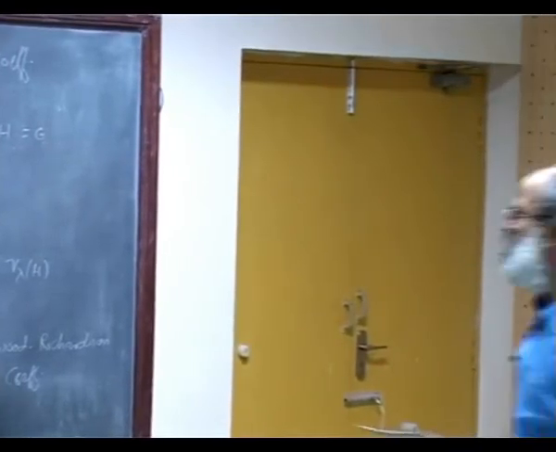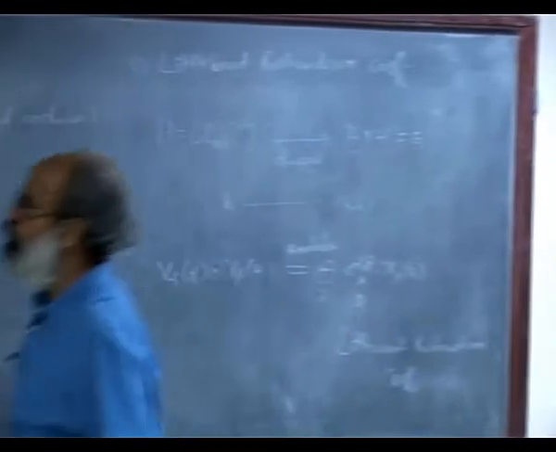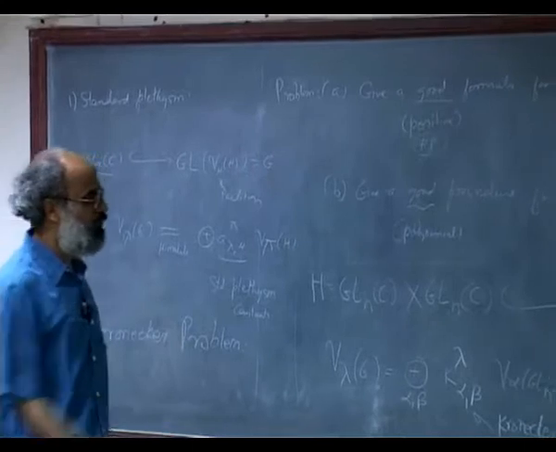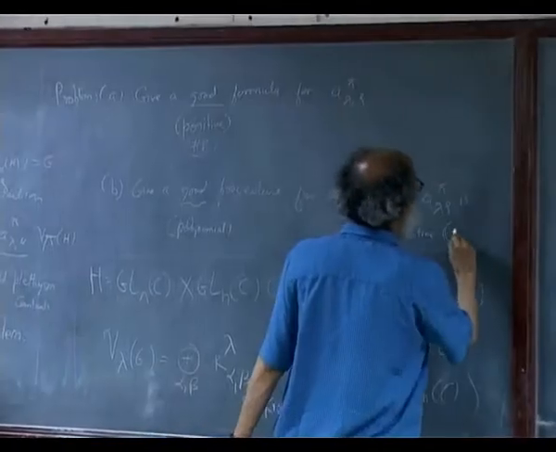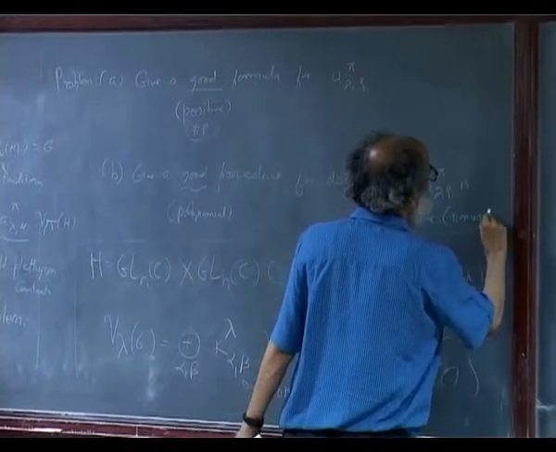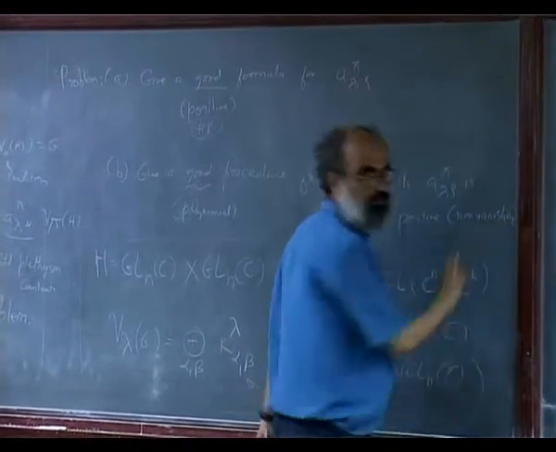So in all these cases the problem is the same: give a good formula for those coefficients, give a good procedure for deciding if the coefficient is non-vanishing. Positive means non-vanishing, because all these coefficients are non-negative anyway. So is the Littlewood-Richardson rule a good formula?